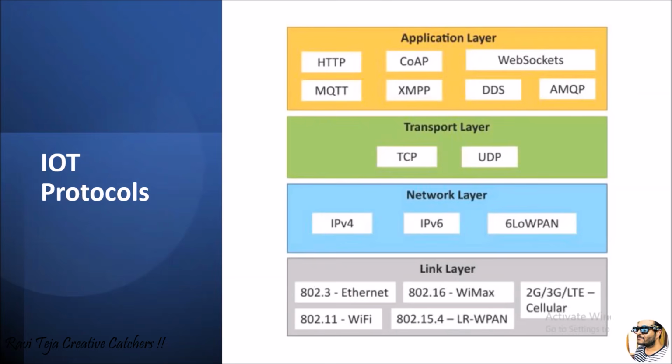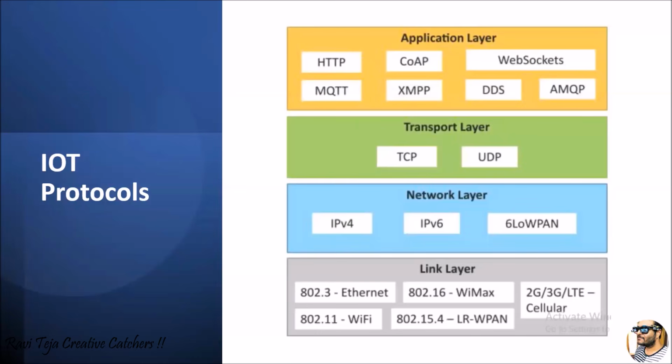Coming to the transport layer, it has the most famous services, TCP as well as UDP. All these are generally protocols only. Coming to the network layer, whoever is using the internet is well known with these network layer protocols: IPv4, IPv6 and 6LoWPAN.